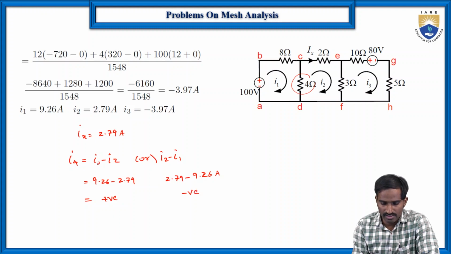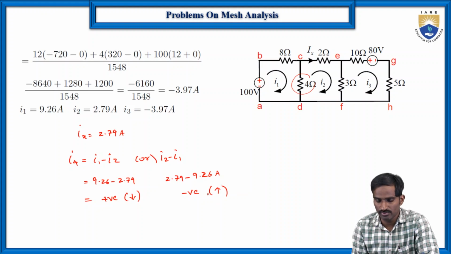So in this case it is I1 minus I2, because the current direction is the I1 direction, in this direction, whereas the other is in this direction. When you consider the current direction same as I1, you get the positive value, and if you consider the same as I2, you get the negative value, which means the current must be in the reverse way.